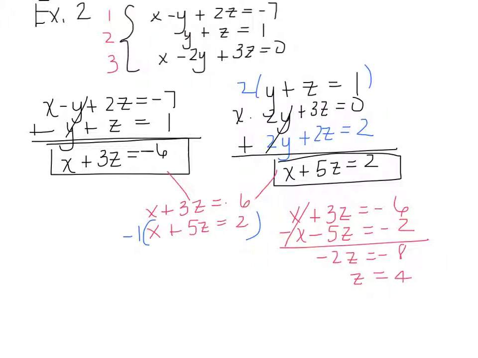Then what you're going to do is either pick the first box equation or the second one to find x. I'm going to use the first one. So x plus 3 times 4 equals negative 6. And then I will subtract 12.